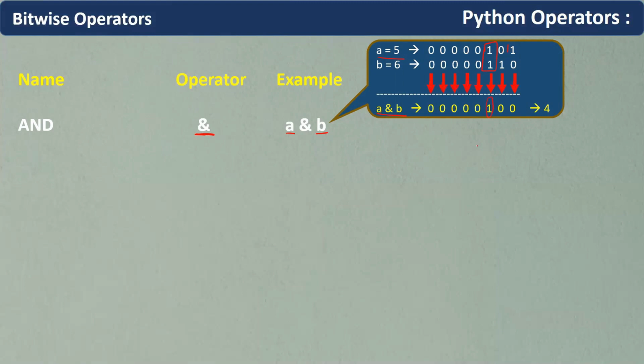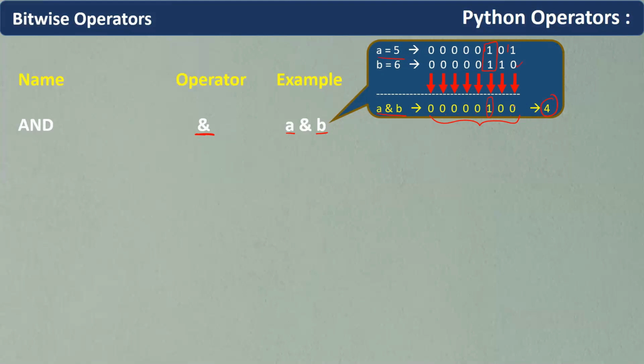If at least one of the inputs is 0, then the output is 0. That is how the normal AND operator works, right? Same thing here. Now if you convert this whole thing again into a decimal number, it becomes 4. Is it clear? So this is what the AND operator is doing.